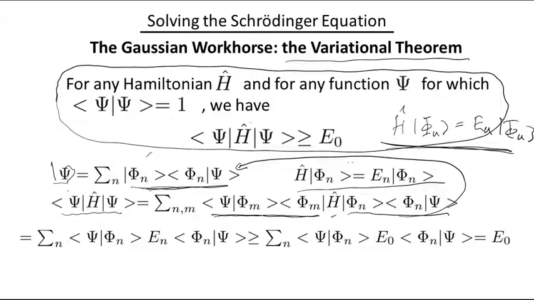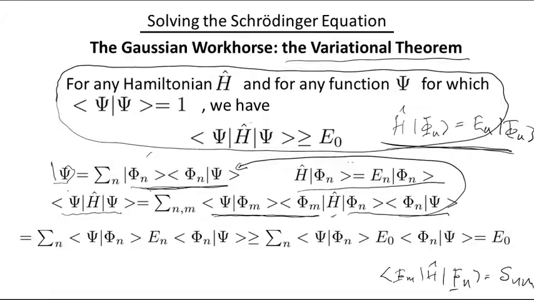And now, by construction, phi m H hat phi n equals delta nm, because they're eigenfunctions. So that just collapses this two-dimensional structure into one.